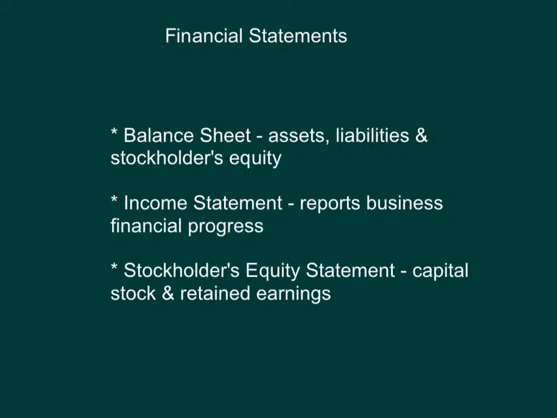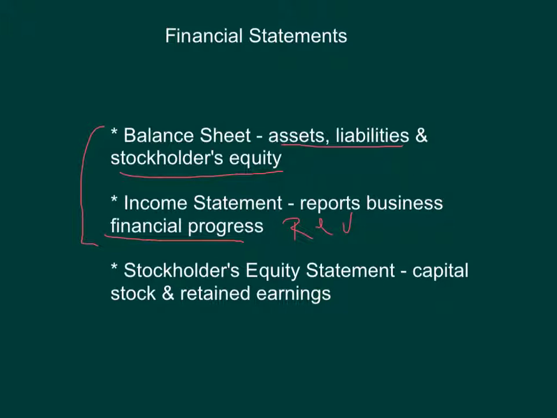We previously prepared financial statements, a balance sheet and an income statement. Again, as a review, balance sheets cover assets, liabilities, and owner's equity, or stockholders' equity for a corporation. The income statement reports the business's financial progress, revenues minus expenses.